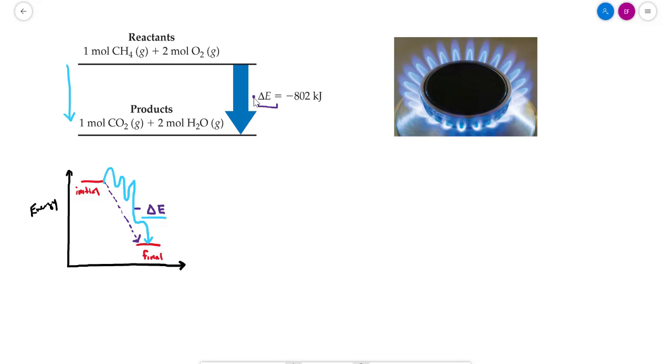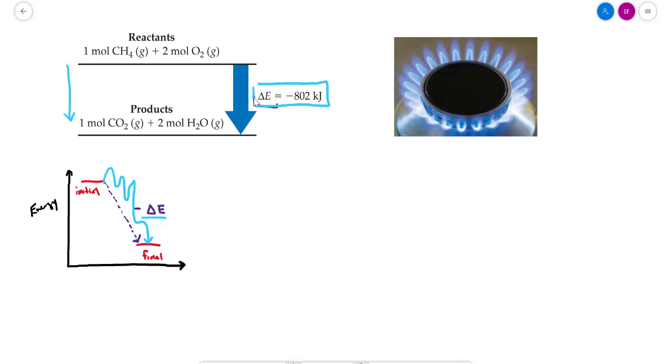So when we talk about delta E, or change in the internal energy of the chemical system, it's important to note that it doesn't matter about the path it took to go from the initial state to the final state. We don't care, because the change is all we care about.